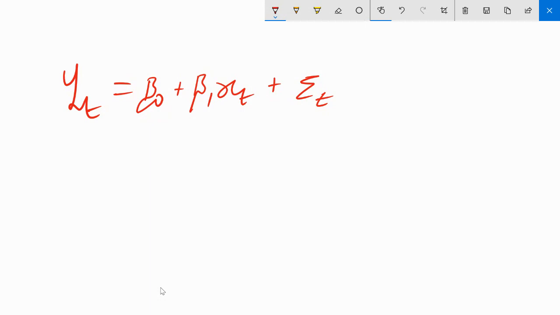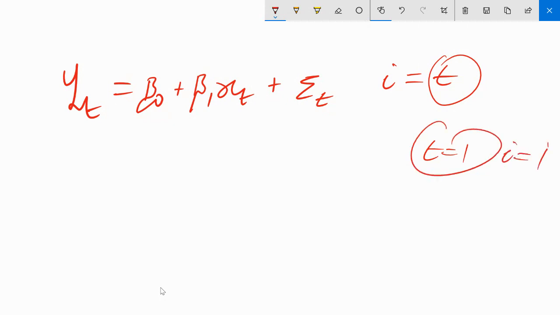Because we are dealing with a time series data set, we replace i by t, simply to indicate that now we are dealing with time. So E1 is the same as E1. We are just using t to indicate that now we are dealing with time.